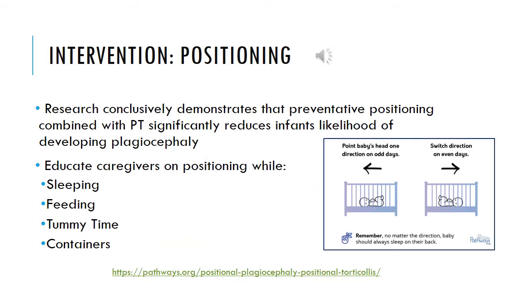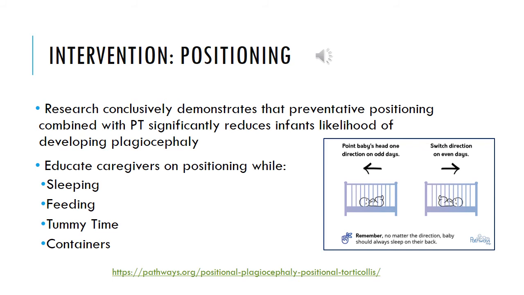Just a few quick comments here on positioning, because we already covered this in the torticollis lecture, but the research is conclusive that preventative positioning with physical therapy will significantly reduce the likelihood of the infant developing plagiocephaly. So you want to be able to provide that education to the caregiver very early on as it relates to sleeping.